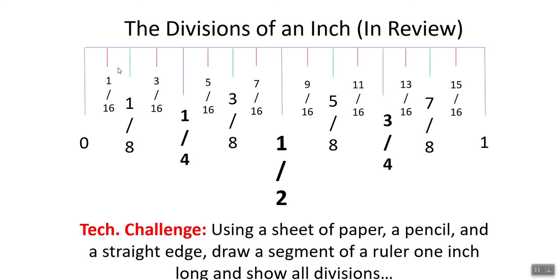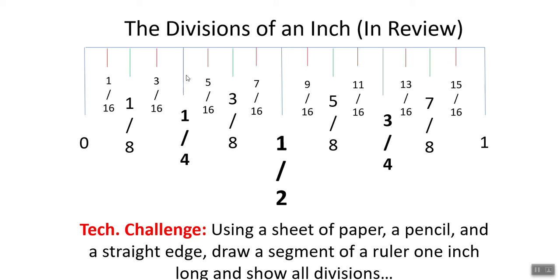The first, of course, is 0. After that, we have 1/16, 1/8. Why is it 1/8? Counting two spaces, 2/16 has been reduced. 3/16, 1/4. Why is it 1/4?